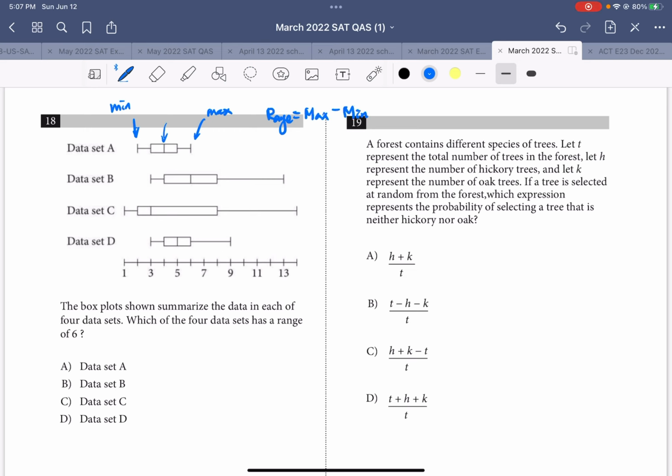And that represented here, that's the median. Okay, and then this one here and this one here, that's what we call the first quartile and third quartile. And then interquartile range is the third quartile minus the first quartile. Okay, that's what we call interquartile range.